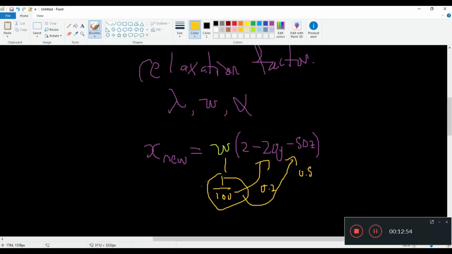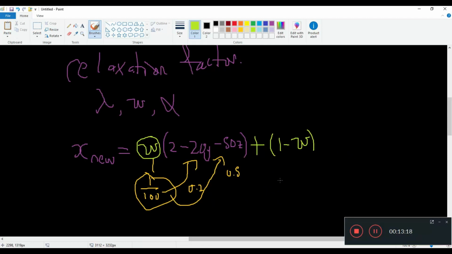But of course, if we just multiply this by 1 over 100, your x value will be diminished by that much. So to balance it off, you find this is actually a sort of weighting factor. We have 1 minus omega, and omega, if it's used to control iterations like this, is between 0 and 1.